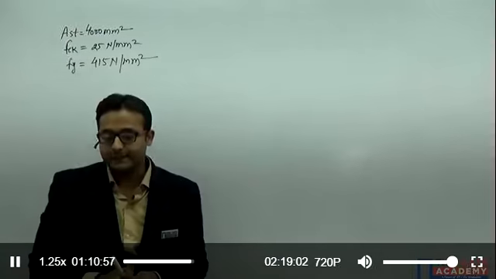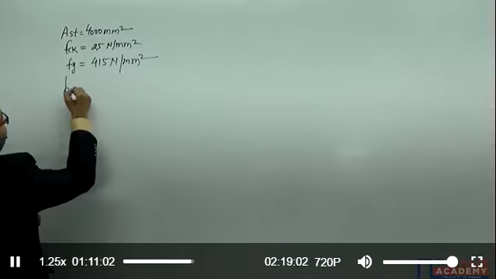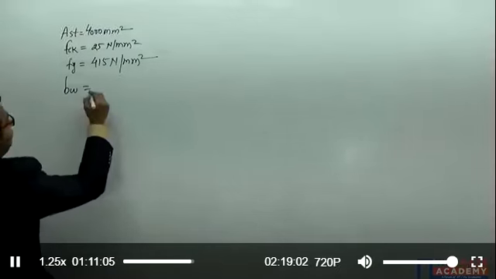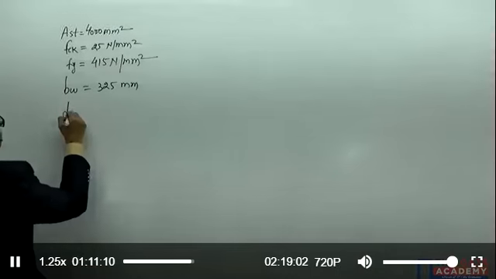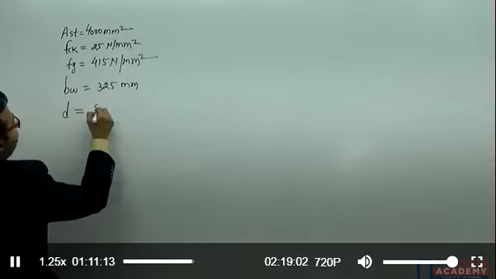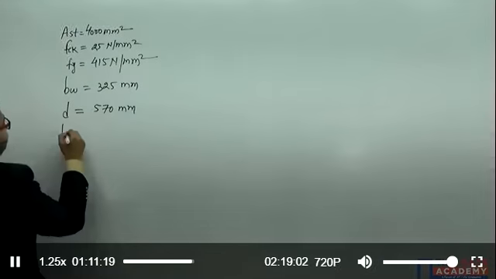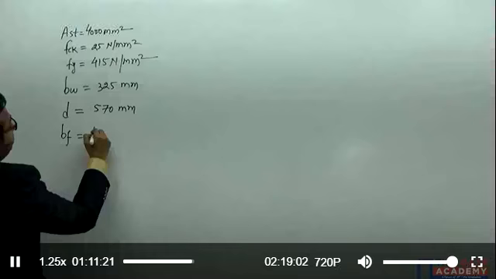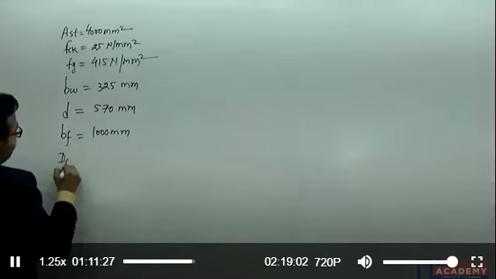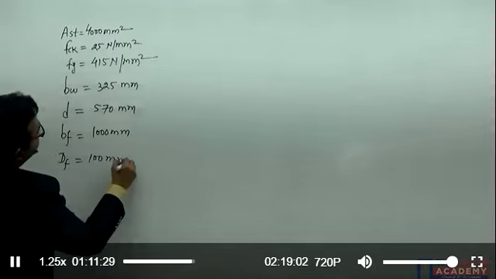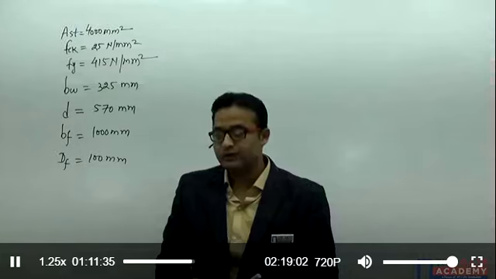From this figure, I know the width of web is equal to 325 mm, the effective depth d equals 570 mm, the effective flange width bf is equal to 1000 mm, and the depth of flange Df they have given is 100 mm. So this data they have given me in this question.